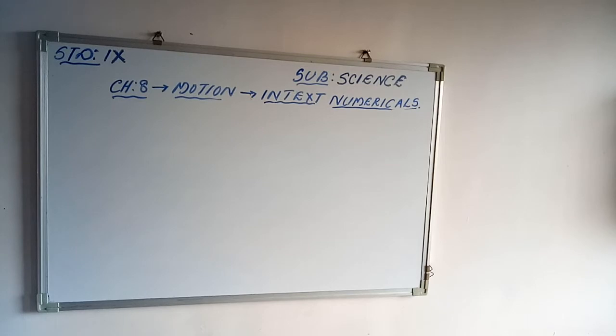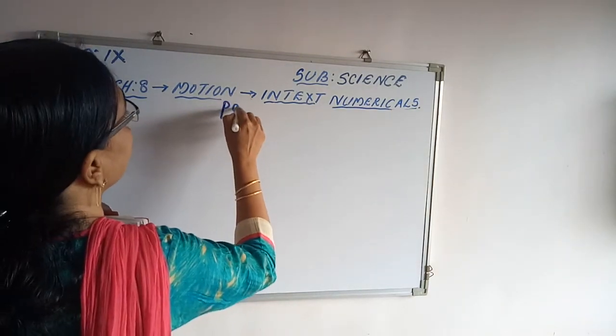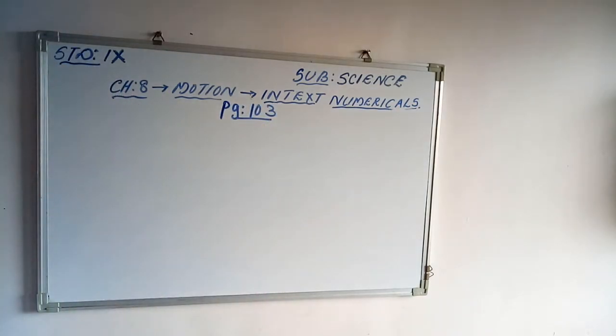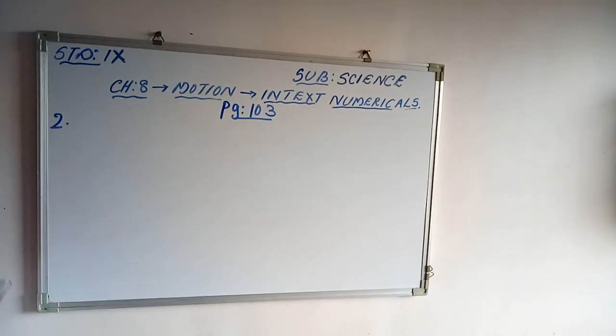Now take page 103. Page 103. Note down the page number properly. Page 103, question 2. Second question. That's a numerical. A bus decreases its speed from 80 km per hour to 60 km per hour in 5 seconds. Find the acceleration of the bus.